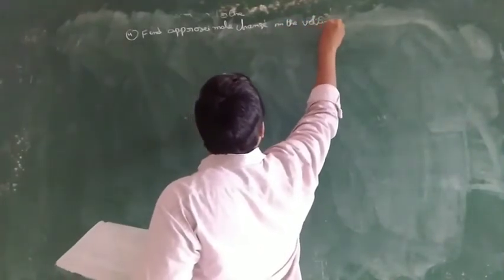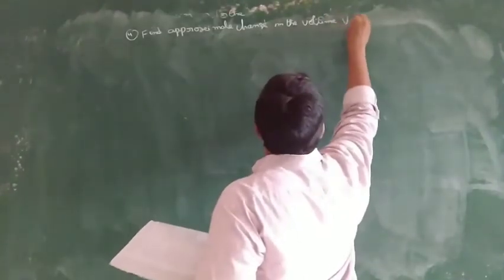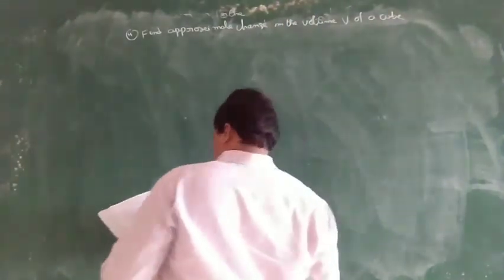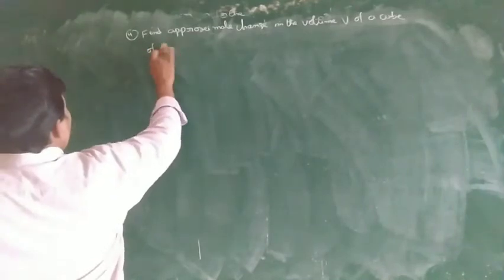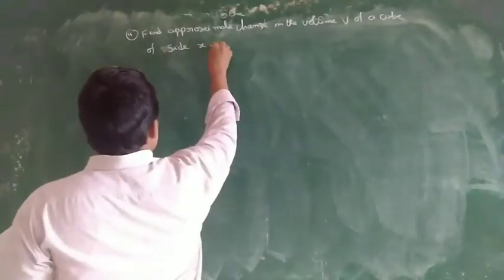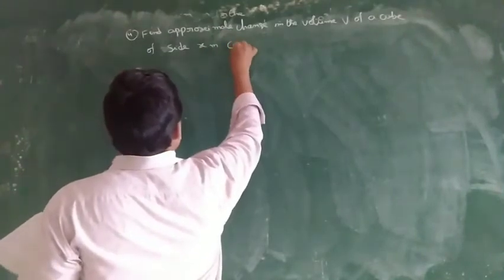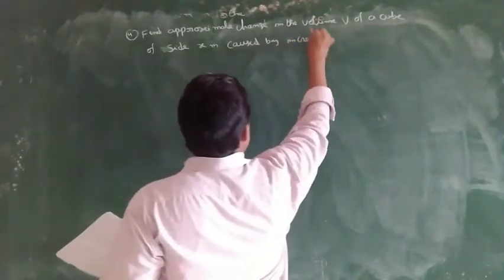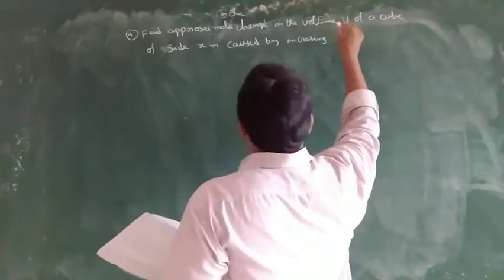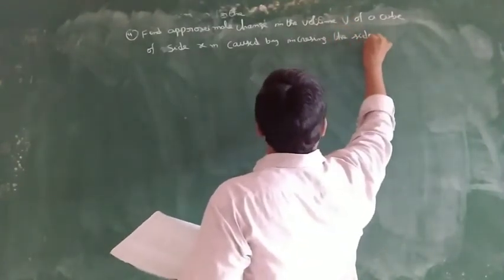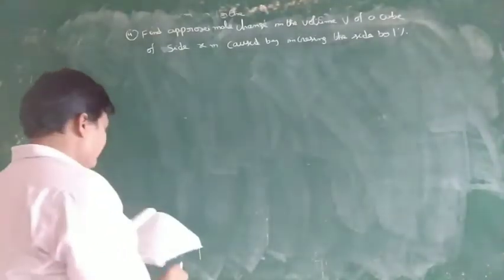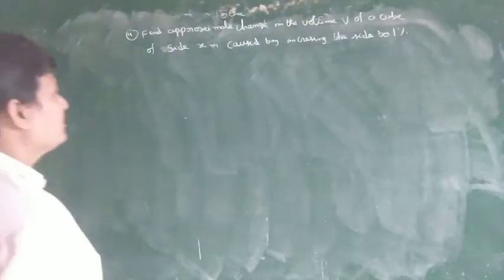Approximate change in the volume V of a cube of side x meters caused by increasing the side by 1 centimeter.